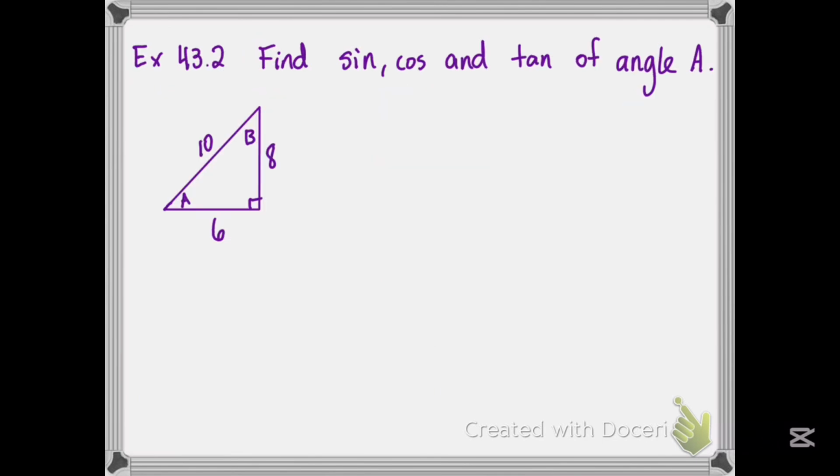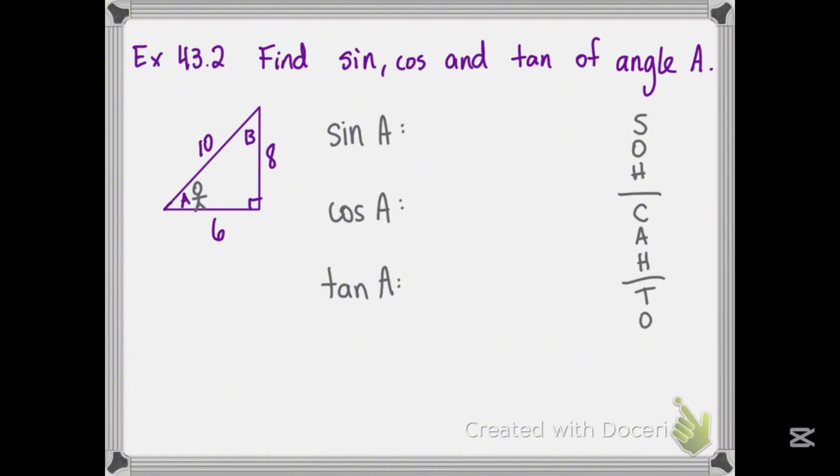Let's look at this other example. In this one, they ask for sine, cos, and tan of angle A. So all of them from the same angle. So we're going to be here because we have to look from the perspective of angle A, and we'll find sine, cos, and tan. Now again, remember, we can write here SOHCAHTOA to help us remember what each one of these relationships is.